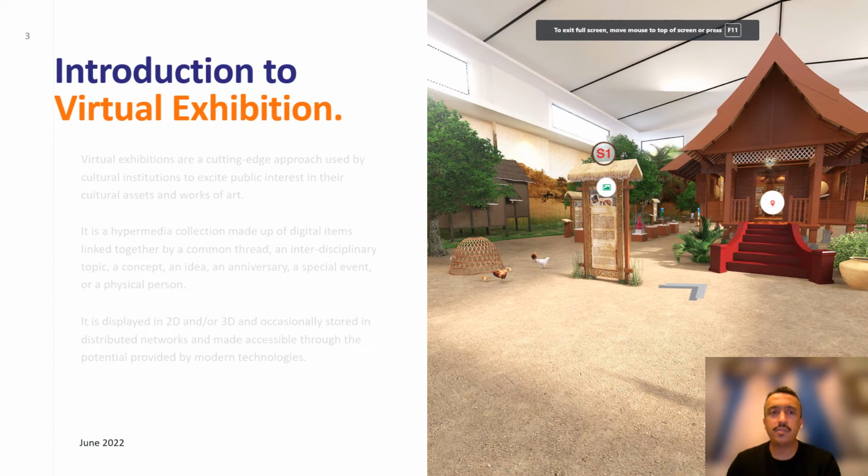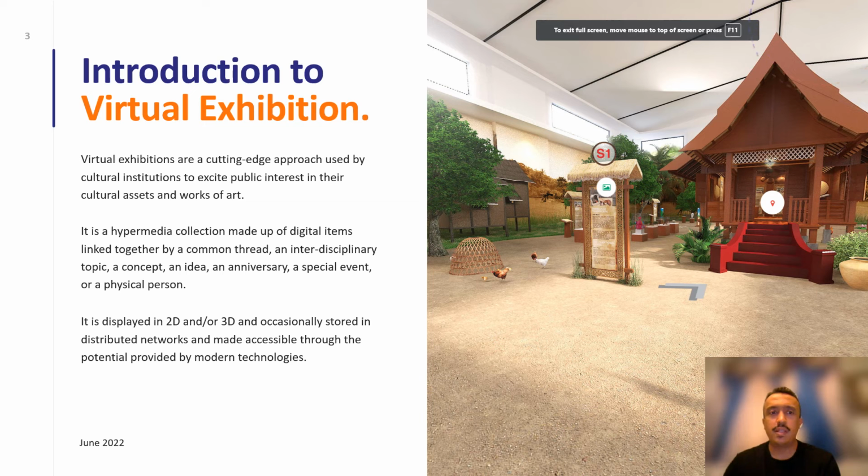As an introduction, we can say that visual exhibitions are a cutting-edge approach used by cultural institutions to excite public interest in their cultural assets and works of art. It is a hypermedia collection made up of digital items linked together by a common thread to show topics, concepts, and ideas to the visitors.